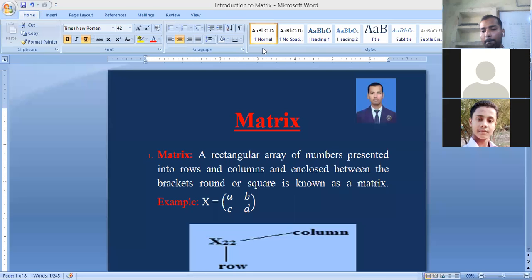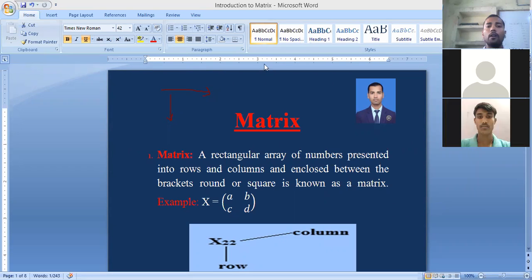We have an example here: X is equal to A, B, C, D. I think you know about row and column. When the line goes horizontal, it is considered as what, row or column? Row. And when it is in vertical form, that is column.